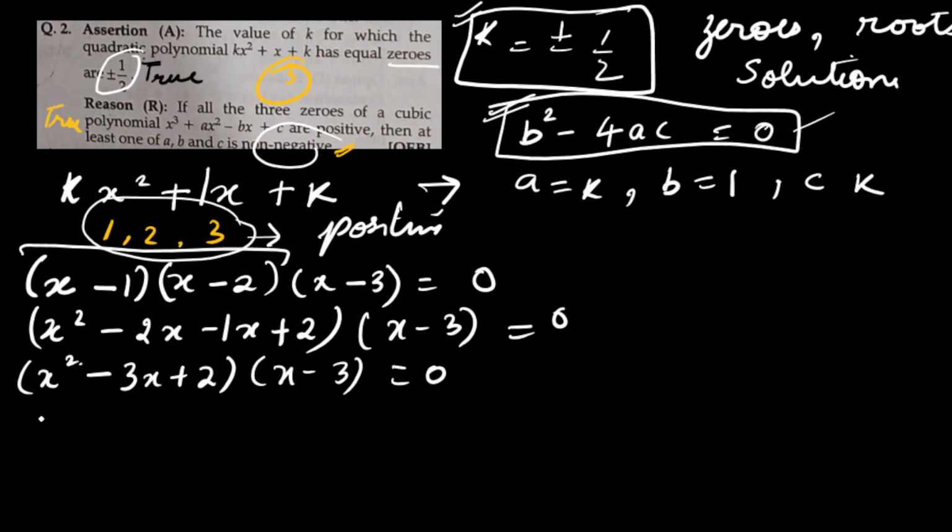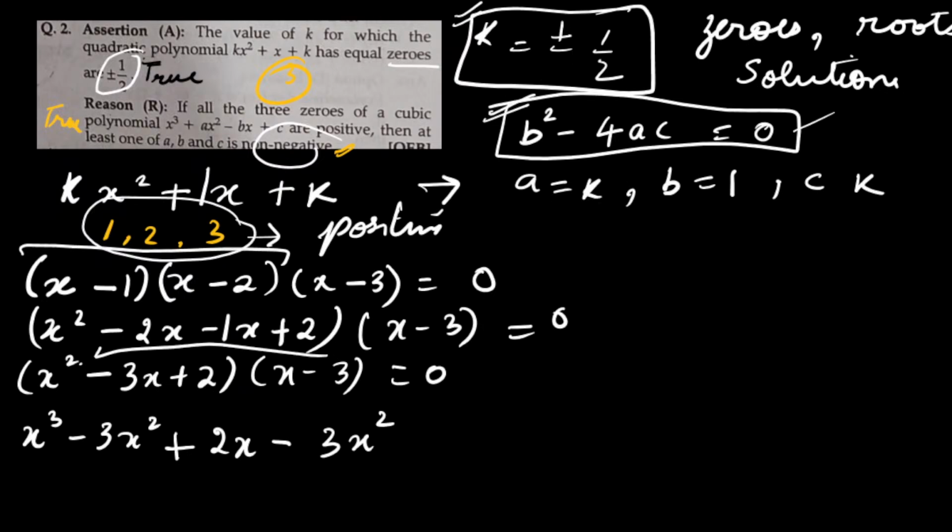So again we'll multiply this with x, so it will become x cube minus 3x square plus 2x. Minus 3x square, with 3 I am multiplying. So with 3 now I have to multiply 3x square.